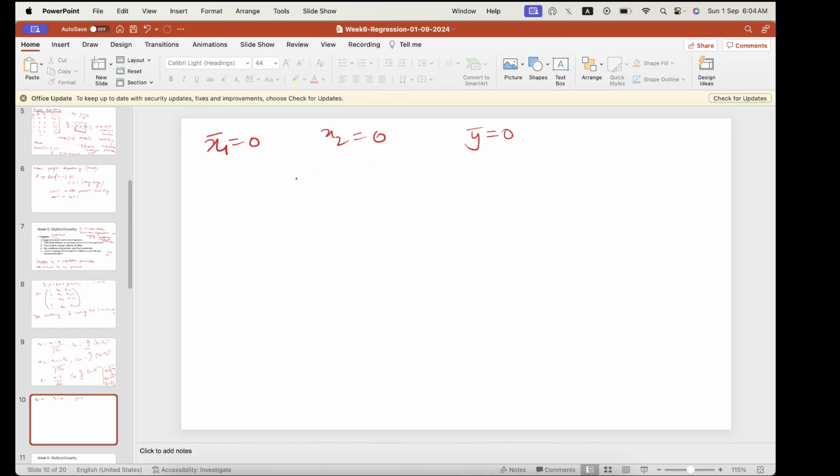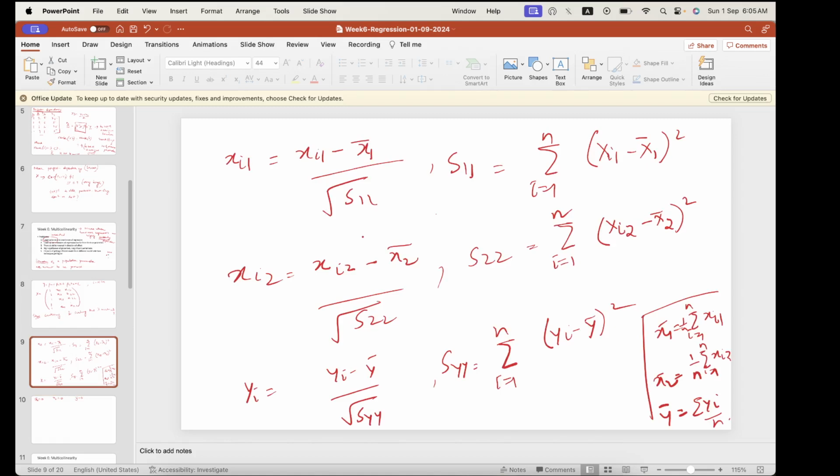Okay, so notationally, let me write this. This is xi1. So x1 bar is this thing, and let me just write it in a different way to keep parity. I'll write it like capital X1 bar.